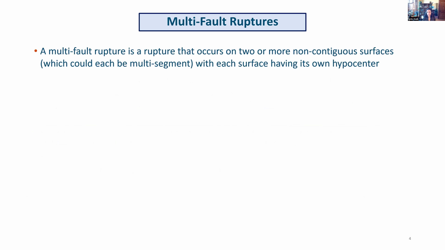Our first group of fault ruptures we call the multi-fault ruptures. This is by definition a rupture that occurs on 2 or more non-contiguous surfaces, with each surface having its own hypocenter.